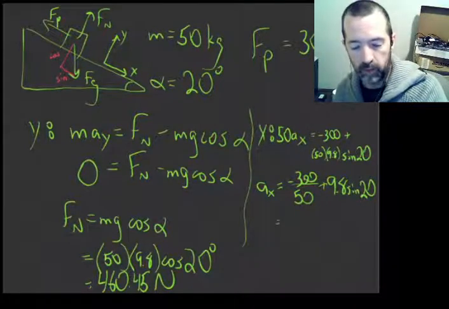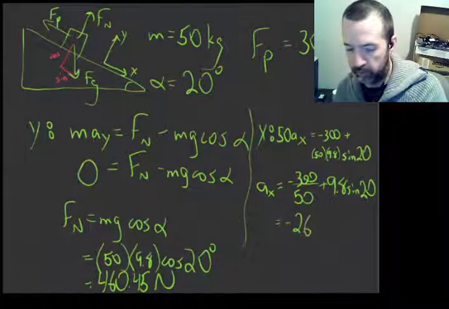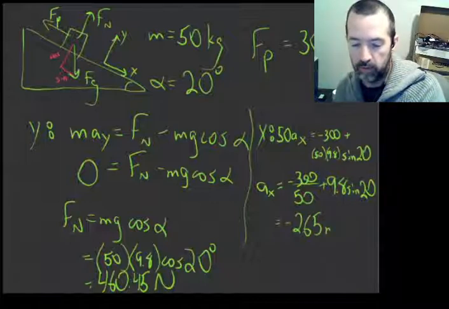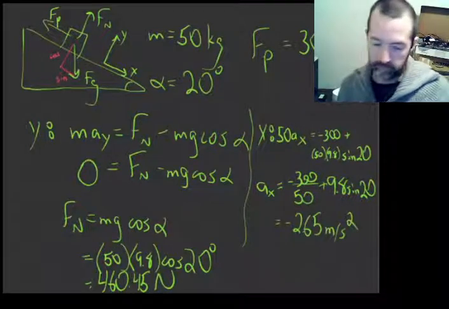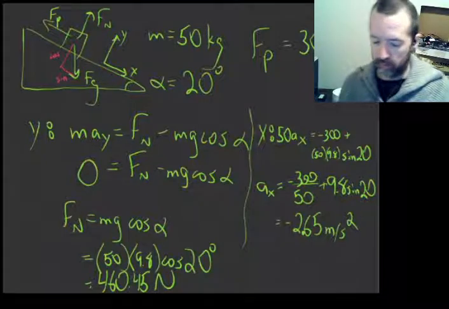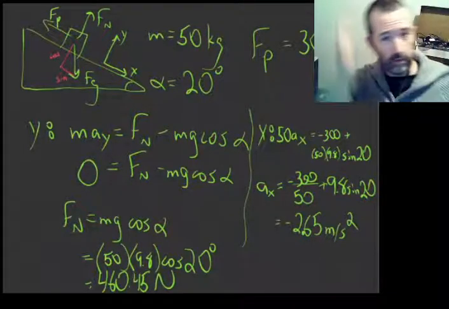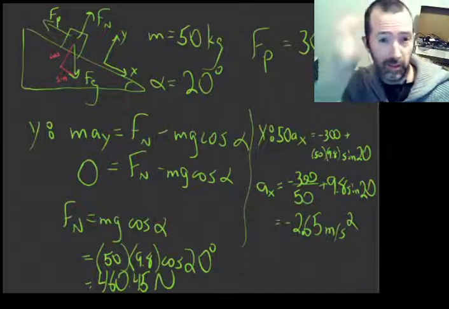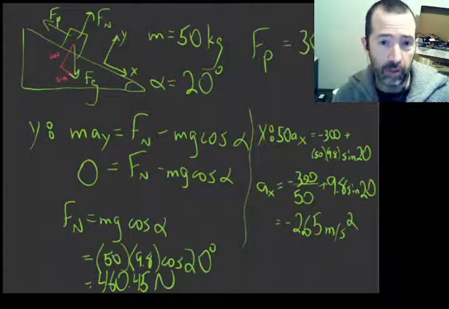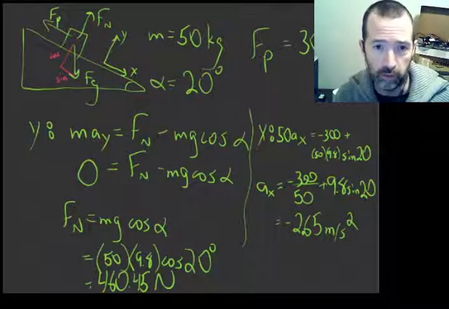When I punch that in, I get an acceleration of negative 2.65. So the minus sign on that answer tells me that, yes, indeed, it is accelerating uphill. So it's getting faster while it moves uphill.